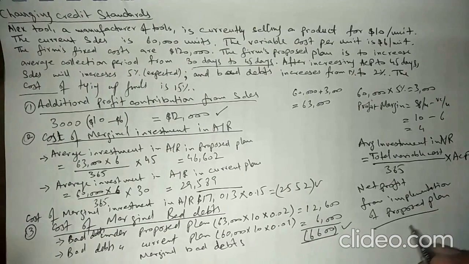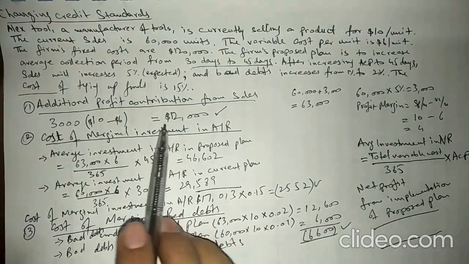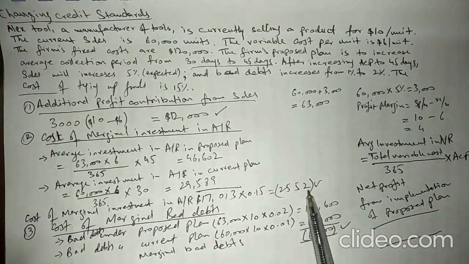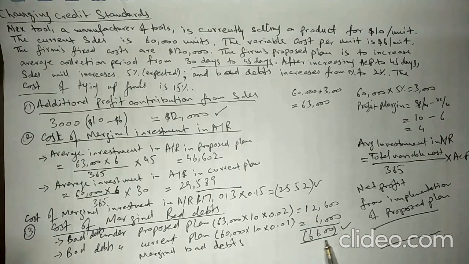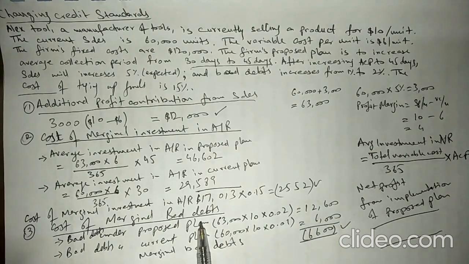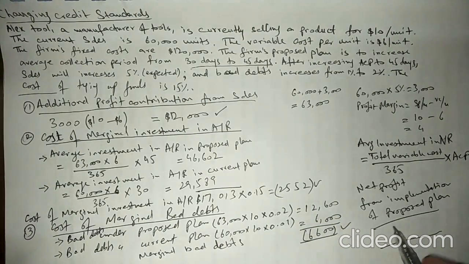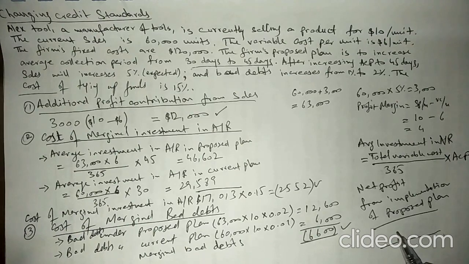We can calculate it by 12,000 minus 2,552 cost of marginal investment in accounts receivables, and then we deduct 6,600 cost of marginal bad debts, and the whole answer is 2,848.